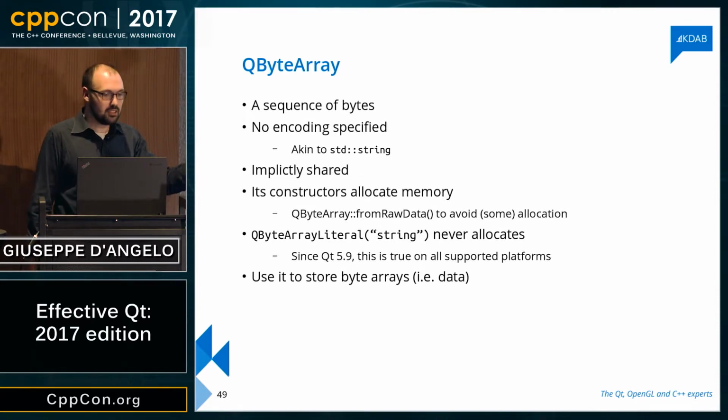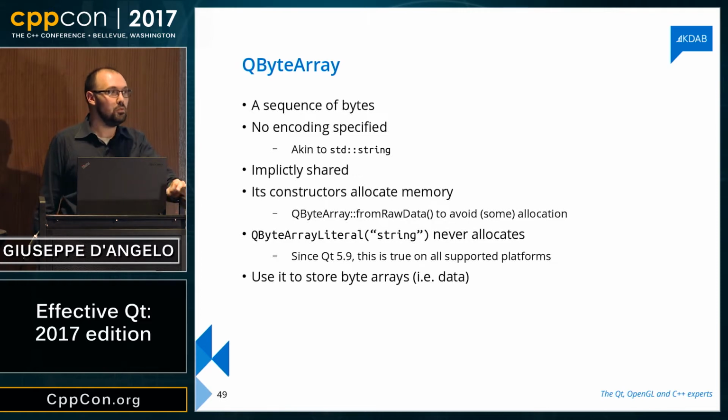It is implicitly shared, just like all of Qt's value classes. And in particular, its constructors will allocate memory, just as you would expect. Yes, there is a crutch: there is something called QByteArray::fromRawData that will avoid some allocation. Just don't use it. It's time for std::string_view these days. In order to build a QByteArray without allocating, there is direct support for something called QByteArrayLiteral.